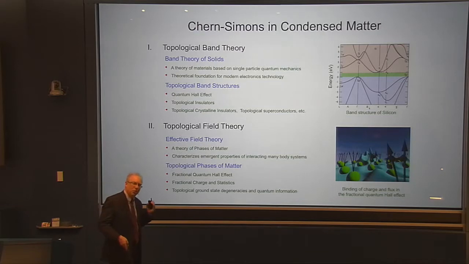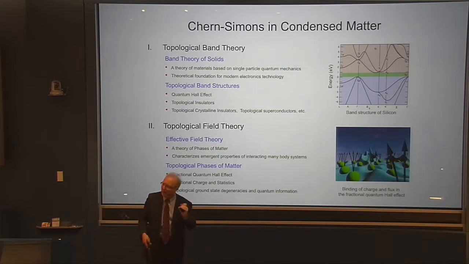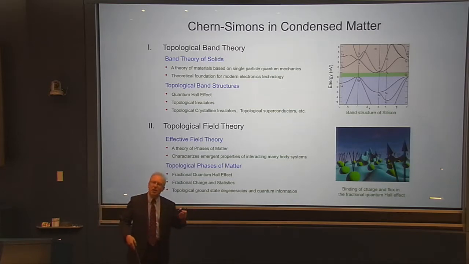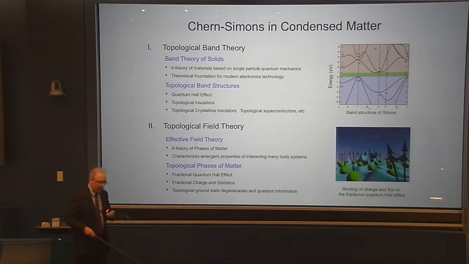It's probably the most consequential theory that we have in physics. It's the theory that underlies our understanding of all kinds of electronic materials, semiconductors. So the technology that underlies the information world that we live in today ultimately derives from our understanding of the band theory of solids.